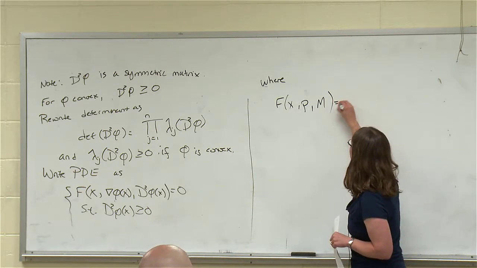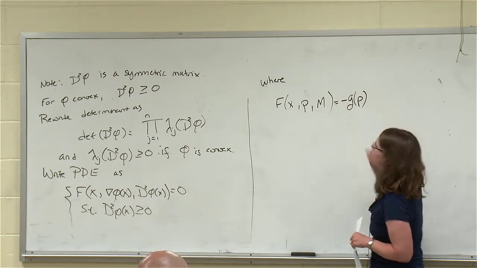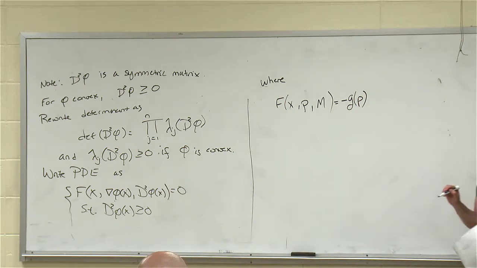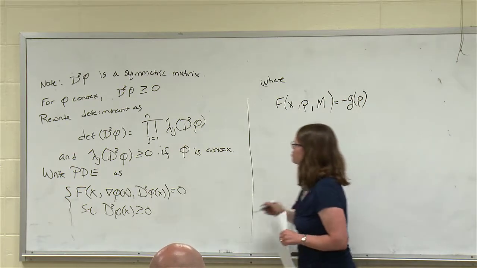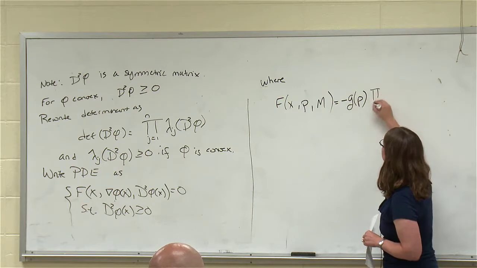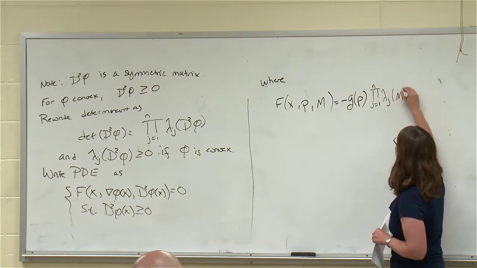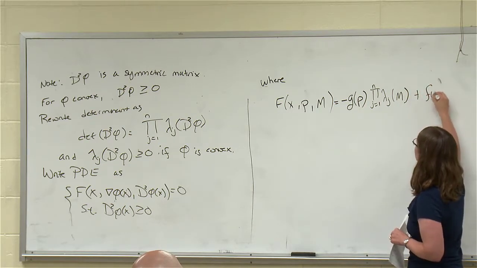Okay, and I can write this as minus g of p, as g of the gradient, times the determinant of this matrix, in other words, the product of the eigenvalues of this matrix, plus f of x. And we want this to equal 0.